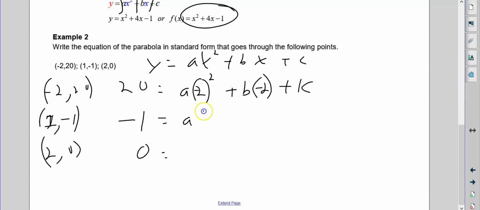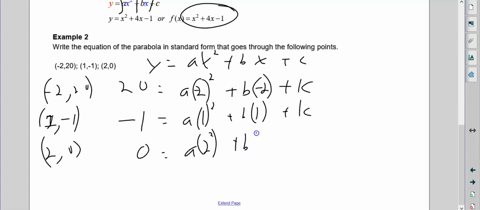So a parentheses 1 squared, b parentheses 1, and again 1c. Now we're going to plug in the 2. a parentheses 2 squared, b parentheses 2, and 1c.